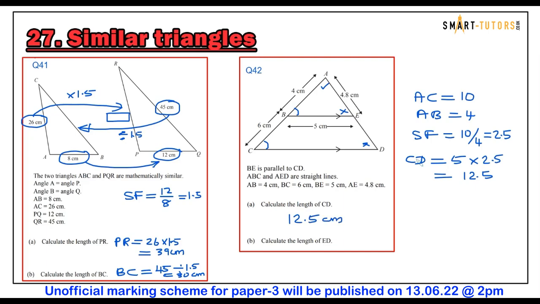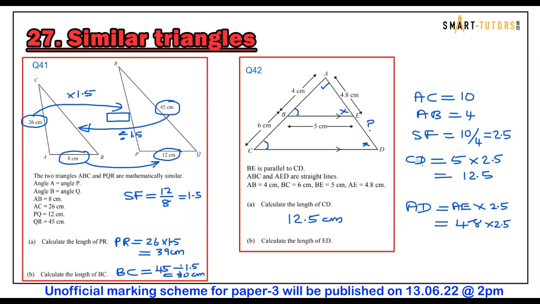Now ED. Instead of finding the ED, we need to find out the AD. So AD equal AE times the scale factor 2.5. AE is 4.8. You can press the calculator, times 2.5, and you will get the answer.